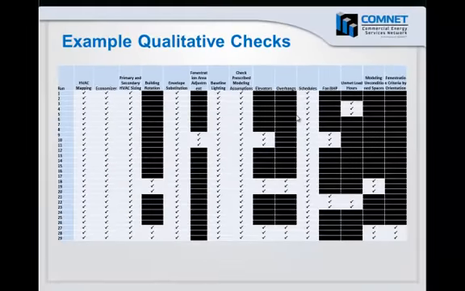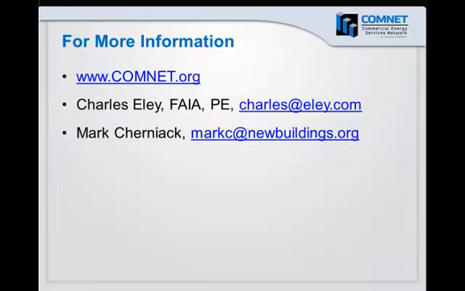So the purpose of these 29 tests is to verify that the correct modeling assumptions are specified, and also that the baseline buildings are correctly created. So with that, I'll end the presentation, and we'll have a few minutes for comments and discussion.